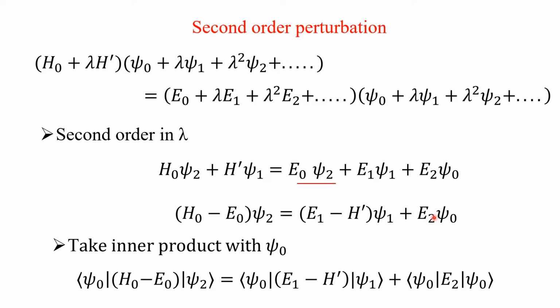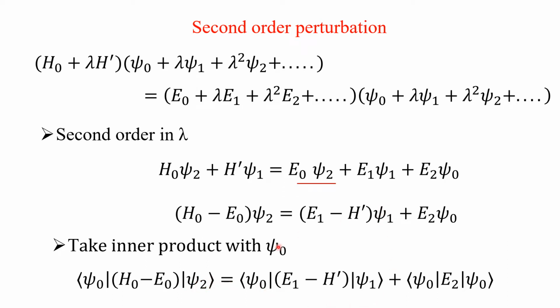Now, as you have done in the case of first order perturbation theory, you take an inner product with psi naught, because psi naught is the unperturbed wave function. So if you take the inner product with psi naught, the left hand side will become bra psi naught, H naught minus E naught, acting on ket psi 2.